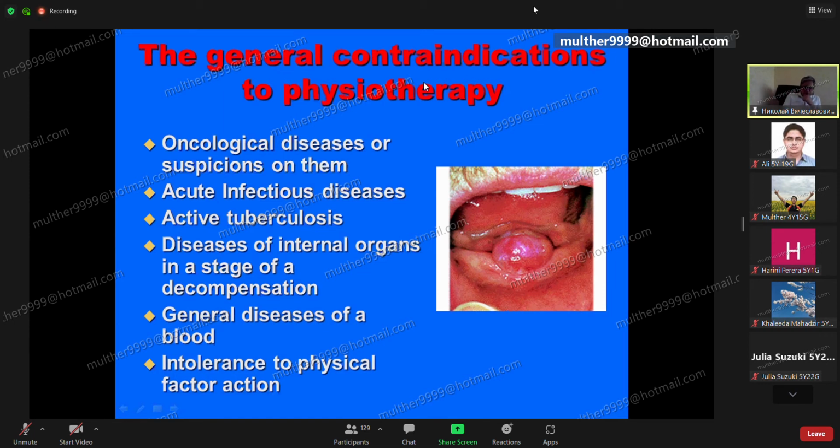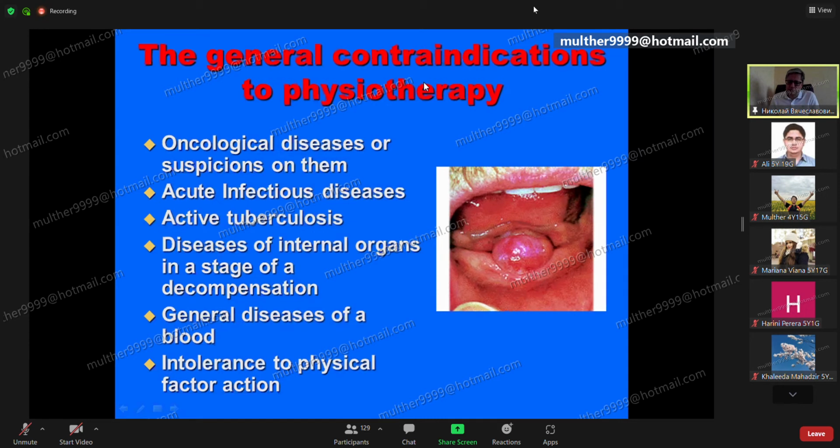Next position: active infectious diseases and separately active tuberculosis, especially if this disease is accompanied by fever. Fever may even be a separate contraindication.